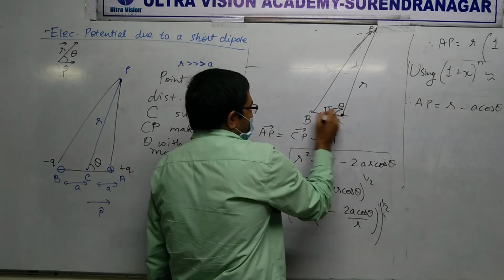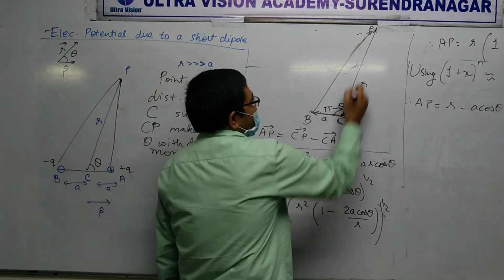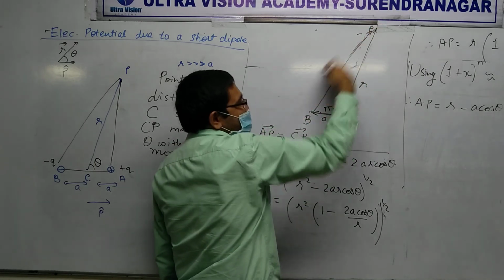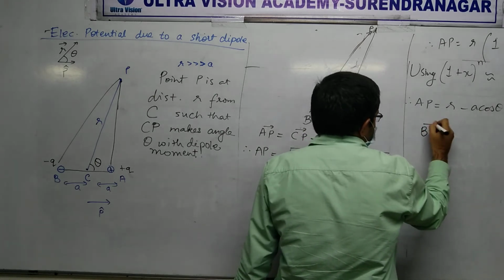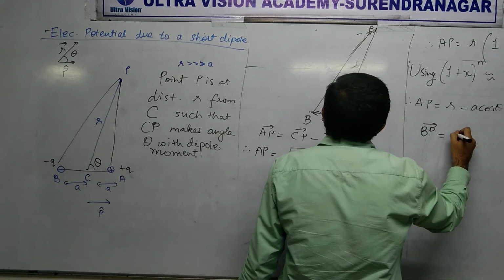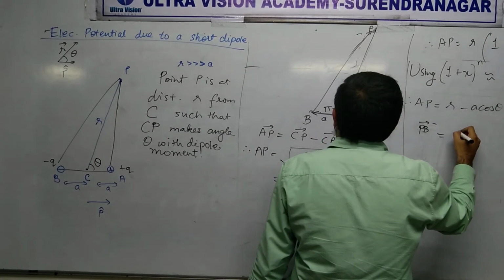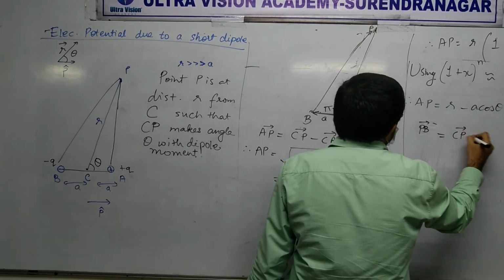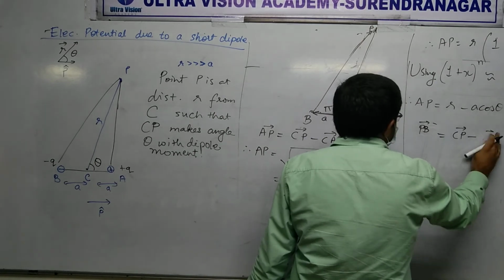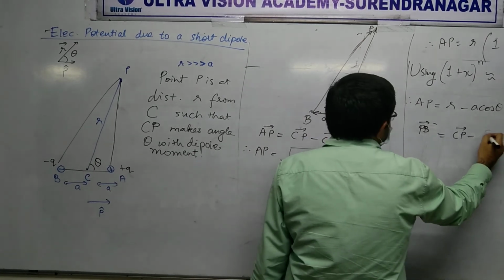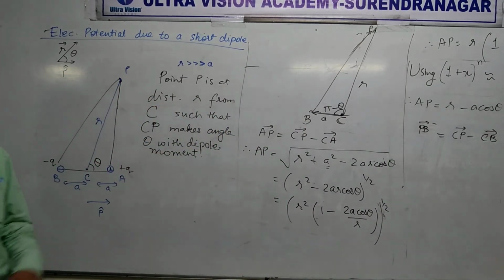So if you have one vector here, CB, and one vector here, CP, their subtraction is BP. BP vector equal to CP vector minus CB vector. Is it fine?